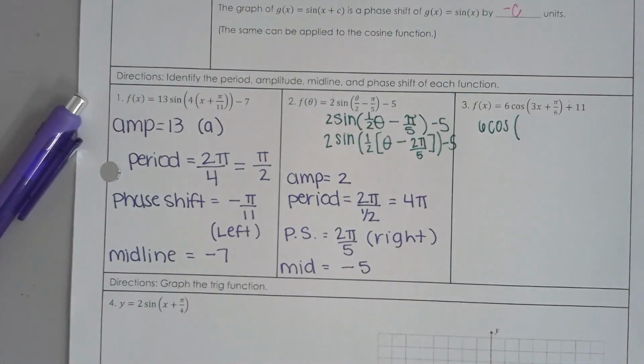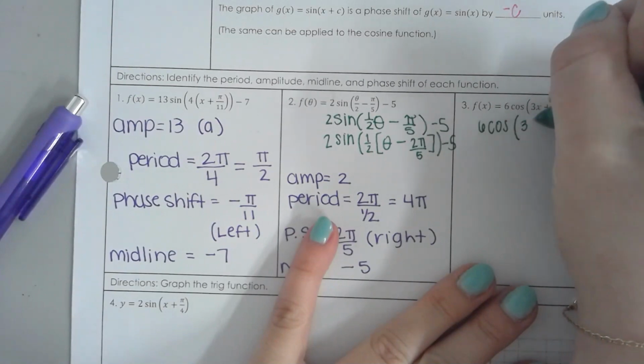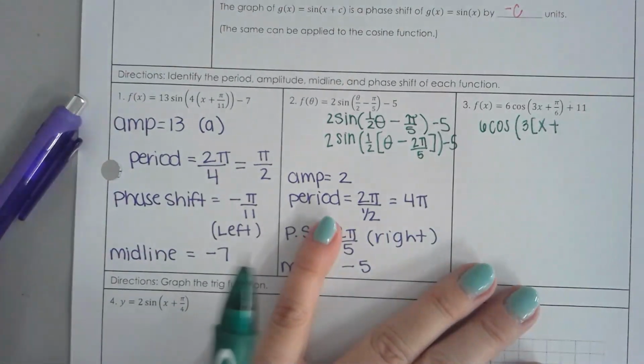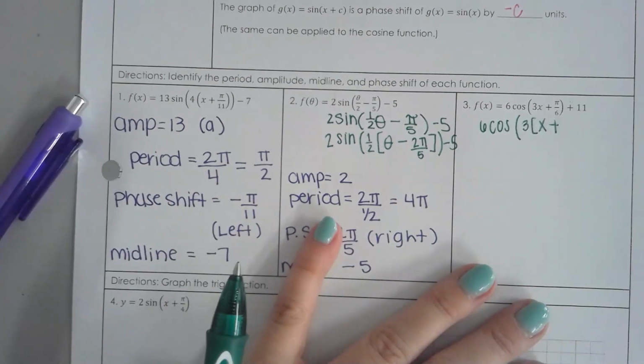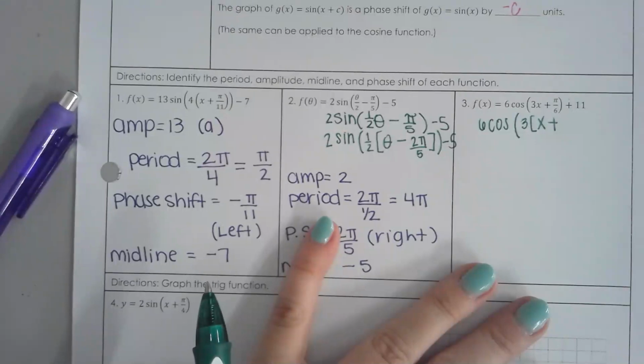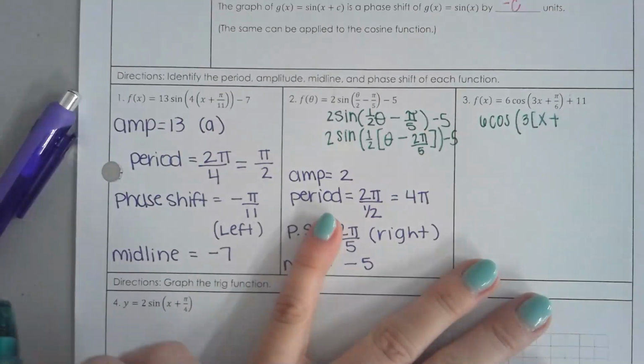Number 3, I have that 3 in front of the x, so we have to factor that out. I have pi over 6, and I divide that by 3. It's going to be pi over 18.